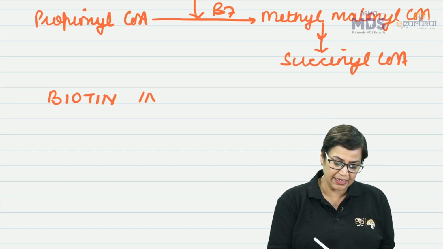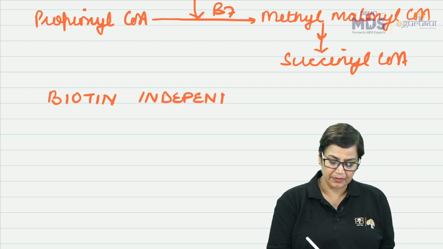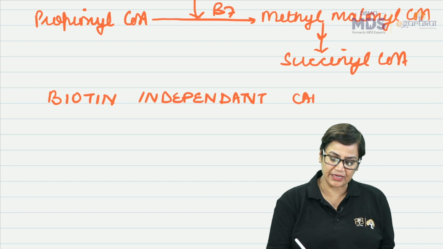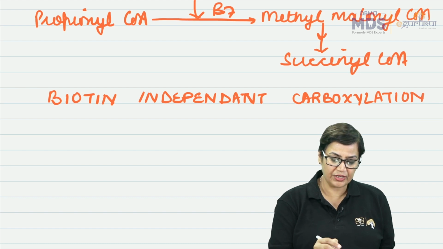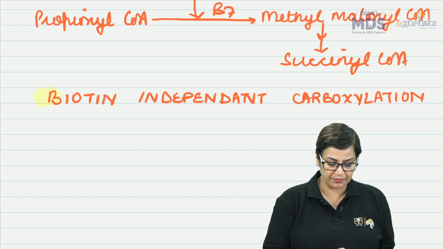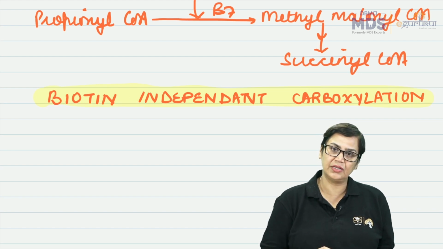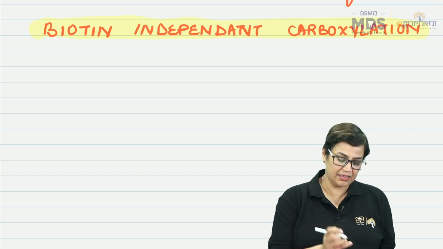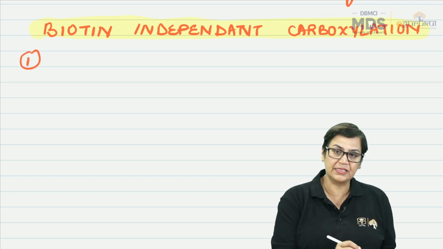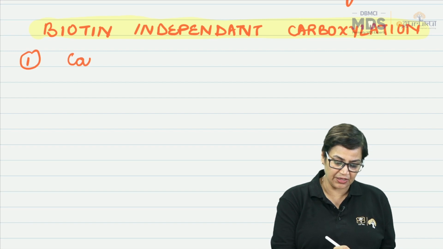So, biotin independent carboxylation reactions. Because this question has been asked in your exam. इसमें the first reaction is carboxylation of prothrombin.